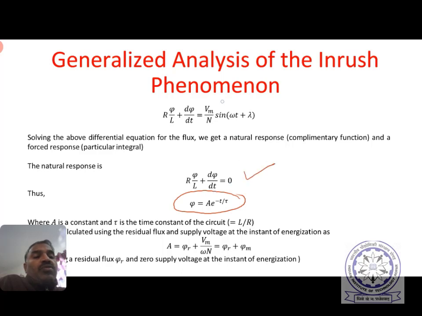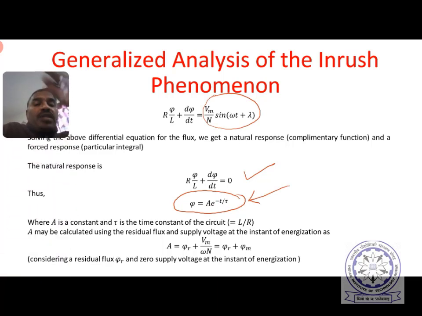If this portion is equated to 0, then that is called natural response. Natural response is φ equals A into e to the power of minus t by tau. So that's what, in the beginning, we considered as the transient portion; its exact waveform has been given here. Therefore, the value of the transient portion is A into e to the power of minus t by tau.